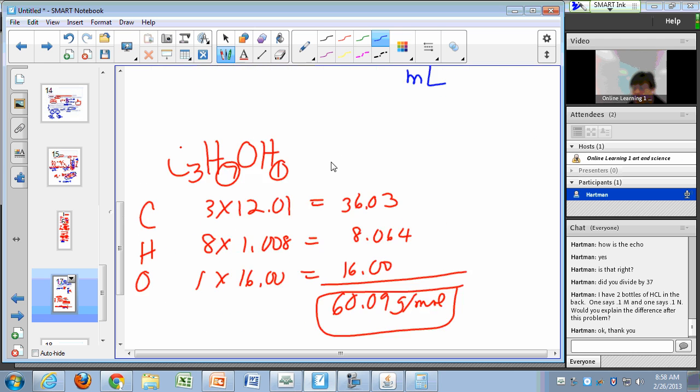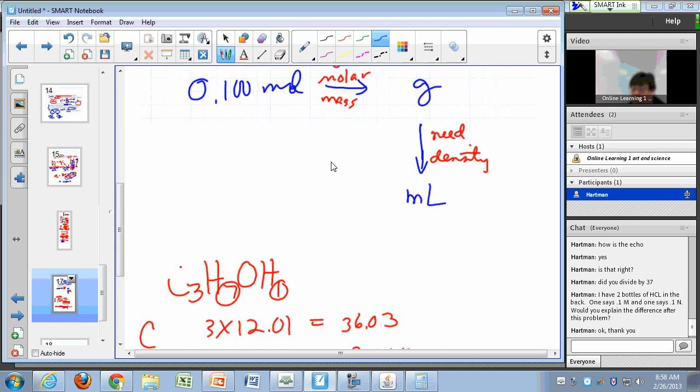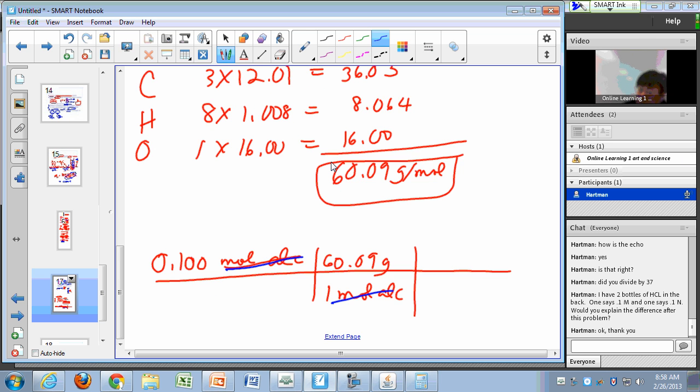So 0.786 grams for 1 milliliter of your pure alcohol. This is alcohol, so alcohol cancels out.